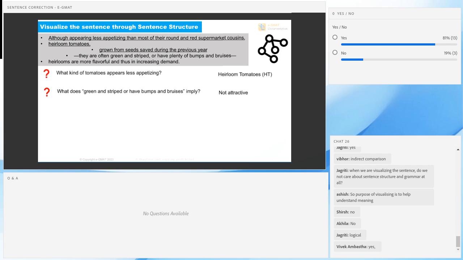But as you become masters of that process, you will be able to understand the meaning as you are reading the sentence without even making an effort, because that will become an intuitive process. That's when you will be able to read the sentence fast and get all the aspects of the meaning from it. Okay, so that's the progression that I want all e-GMAT students to understand.